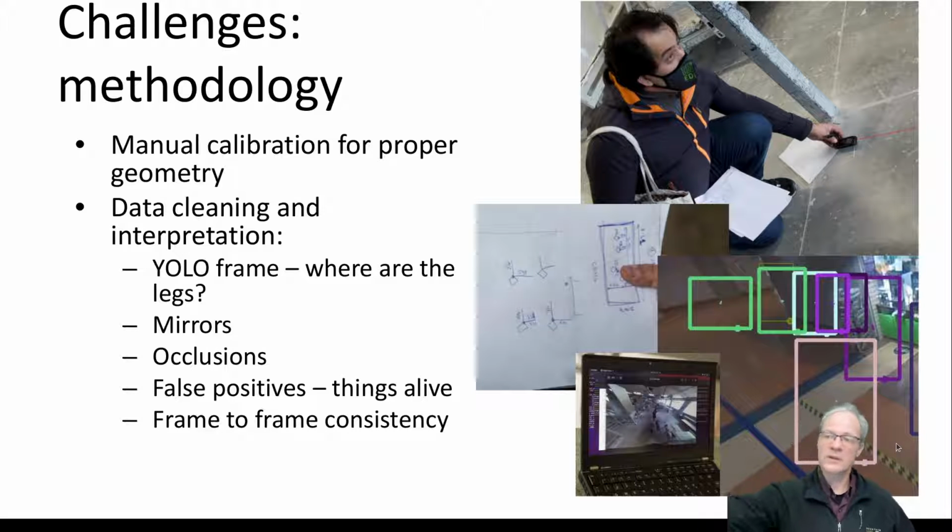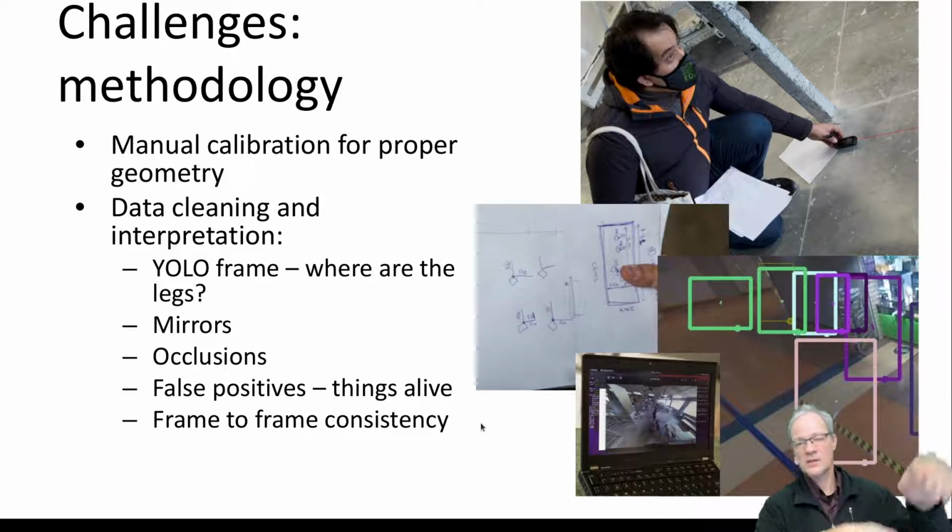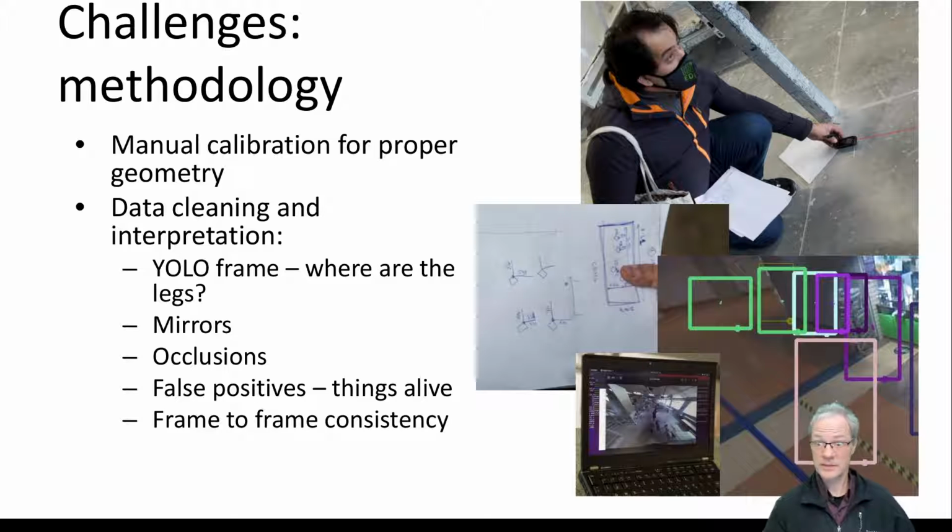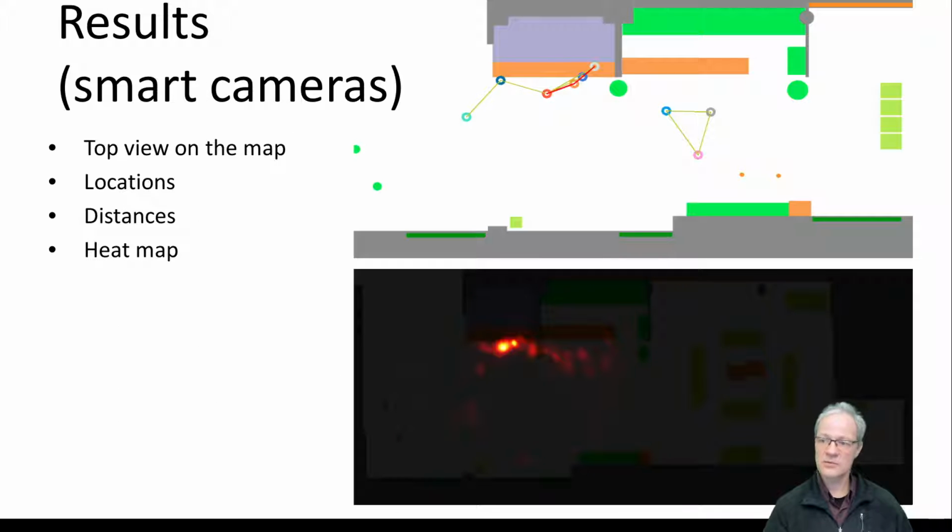If there's a mirror in the room, then the mirror is reflecting the person, and all of a sudden we have two people that are really close to each other. It turns out to be the same person, but how did we know, right? The camera didn't know that. And there might be some other things that are recognized as people. If there's a box that for some reason is moving, it thinks, oh, there's a person there, right? So it's quite challenging to build a system like that.